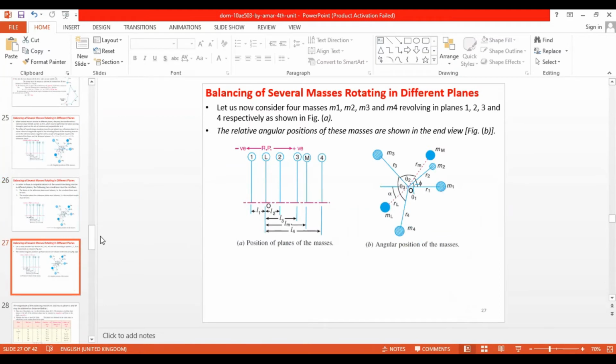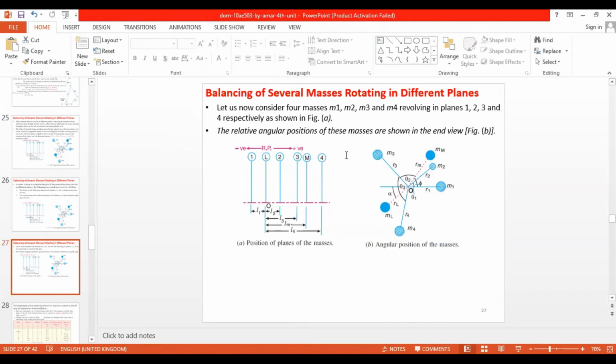Let us now consider four masses M1, M2, M3, and M4 revolving in planes 1, 2, 3, and 4 respectively. The relative angular positions of these masses are shown in the end view.